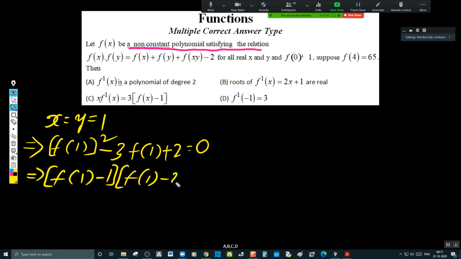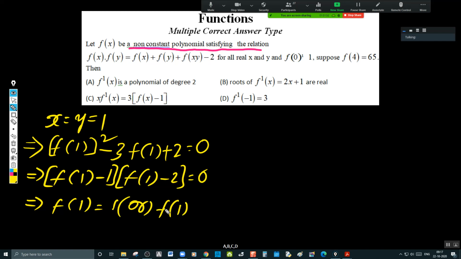So f(1) is equal to 1, or f(1) is equal to 2. Because it is given to be a non-constant polynomial, f(1) equal to 1 will not be satisfying that, and hence you have to take f(1) is equal to 2.